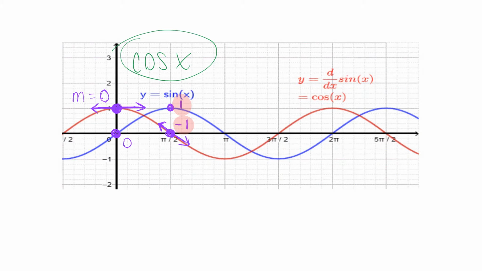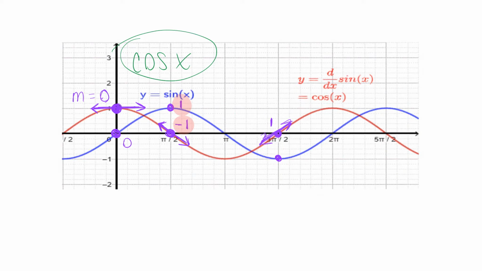Let's go somewhere else. Let's come over here and look at my cosine wave. What's the slope of the tangent here? It's nice and diagonal. This is going to be a slope of 1, but it's positive 1, right? It's increasing. And what's happening right here on sine?